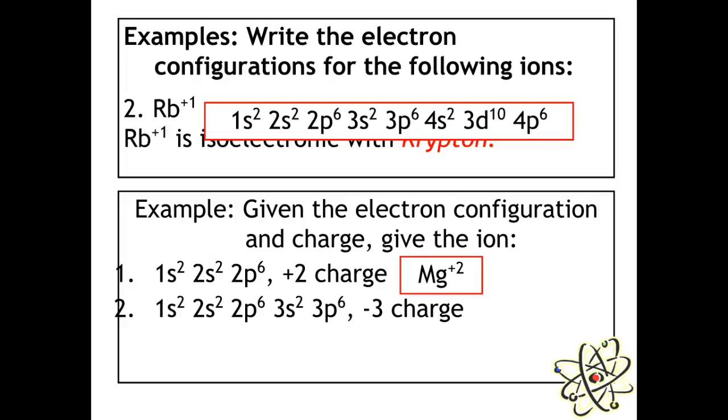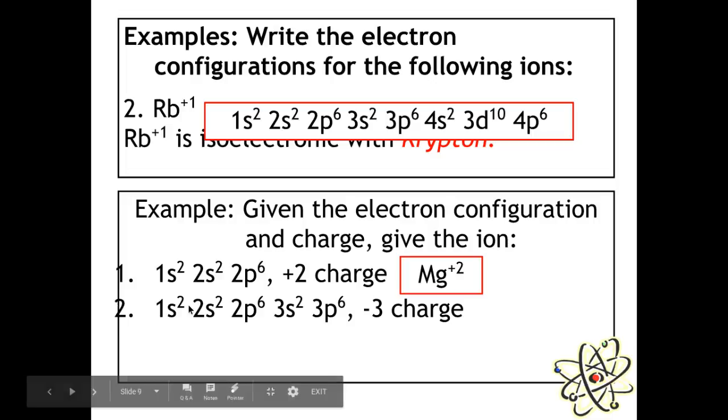If it has a 2+ charge, that means we took away 2 electrons. So magnesium, take away 2 electrons, that's 12, 11, 10. We look like neon. But we are still magnesium with a 2+ charge.